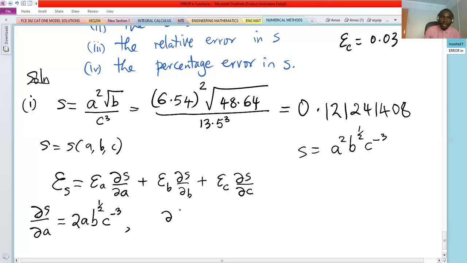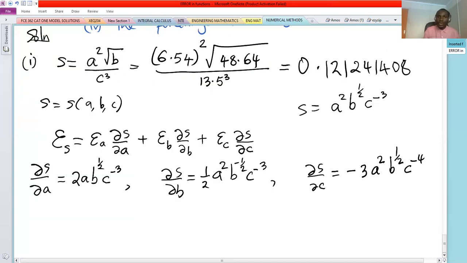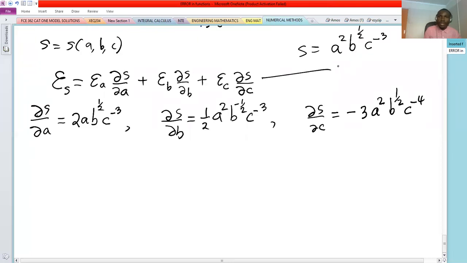And then partial S, partial B will be given by a half A squared, B power minus a half, C raised power minus 3, and then partial S, partial C will be given by minus 3 A squared, B power half, and then that is C raised power minus 4. So let me call this formula star.